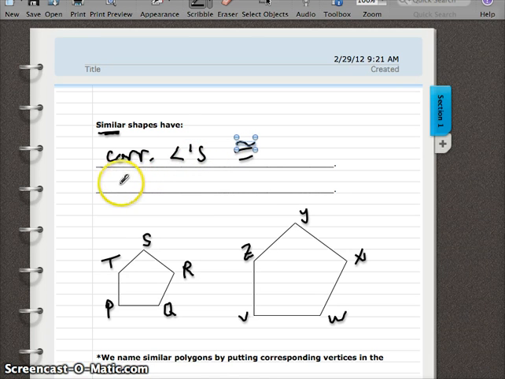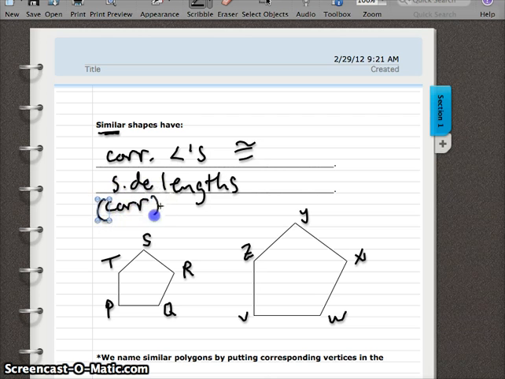And the second thing is that side lengths have to be in proportion, or their ratios have to be equal. And when we say side lengths, we mean corresponding lengths. Corresponding lengths are in proportion or proportional. So equal ratios, right?